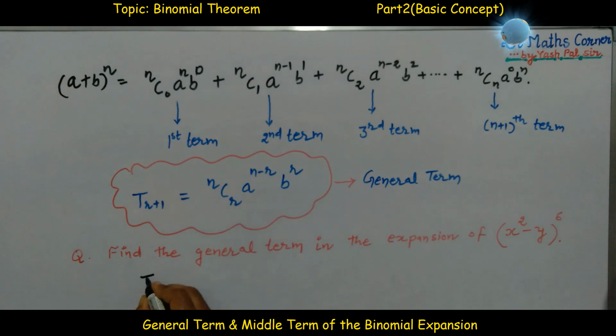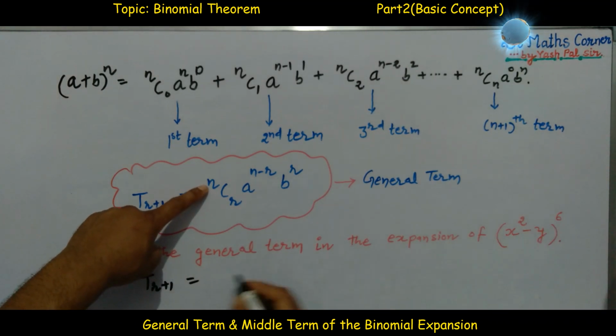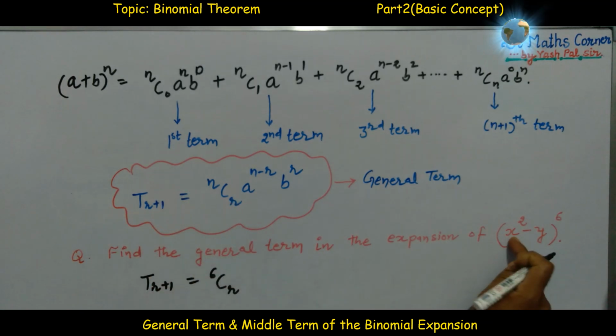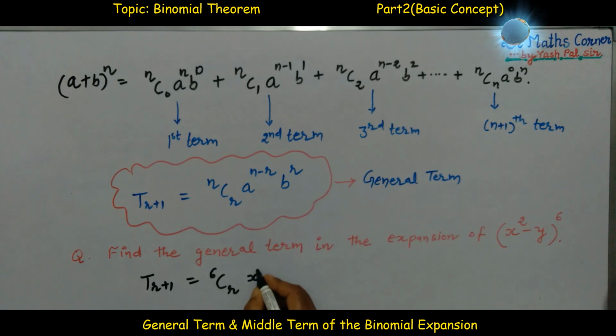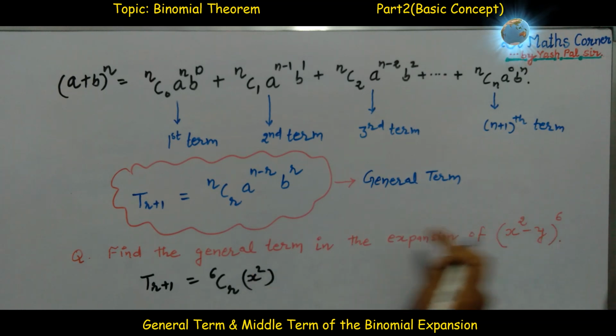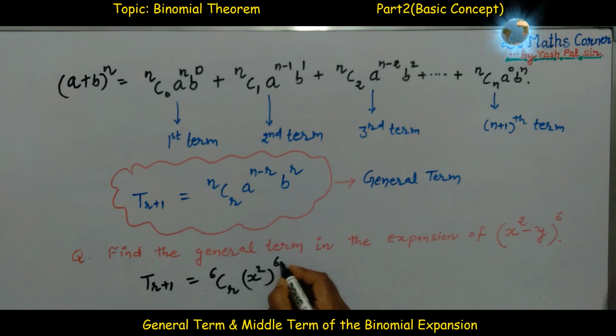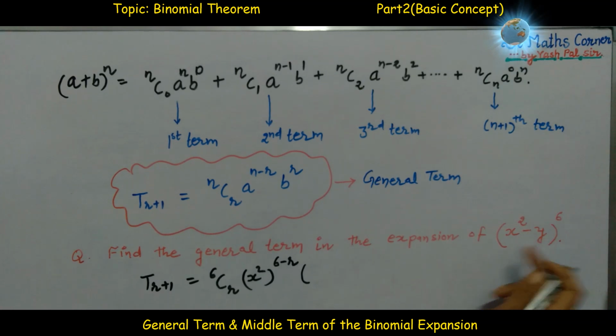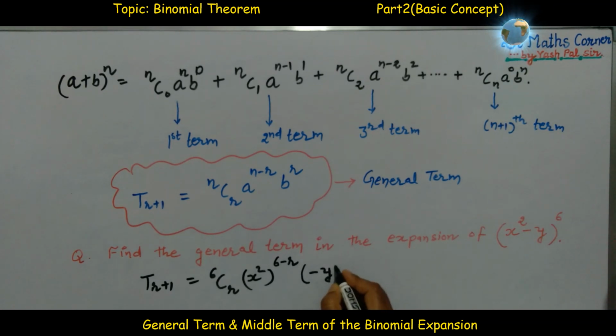So the general term is T(r+1) equal to 6Cr, where a is x^2 raised to power n-r, that is 6-r, into b, which here is (-y) raised to power r. So this is the general term.